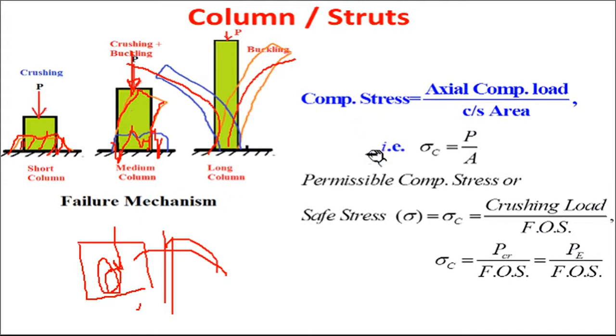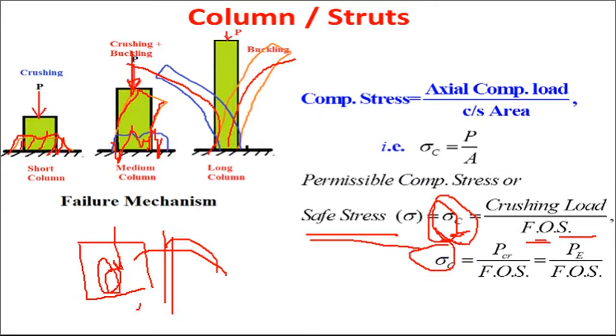Practically, how it will buckle, we cannot predict. So the permissible compressive stress or safe stress will be sigma C. It is also called the crushing stress or compressive stress. It is the crushing load divided by the factor of safety. Crushing load means the load at which the column will start crushing. That load divided by the factor of safety gives the crushing stress.